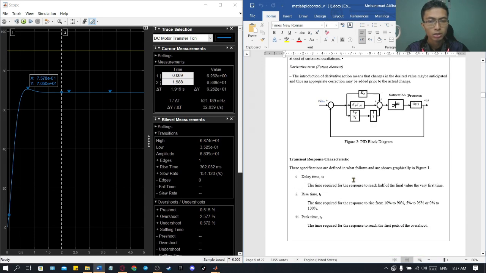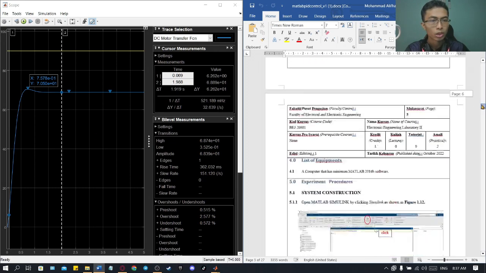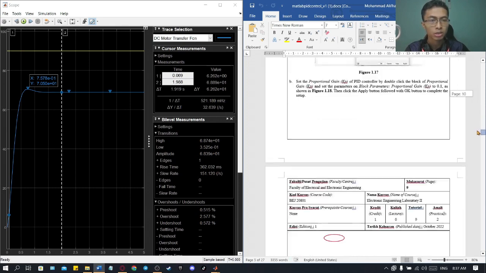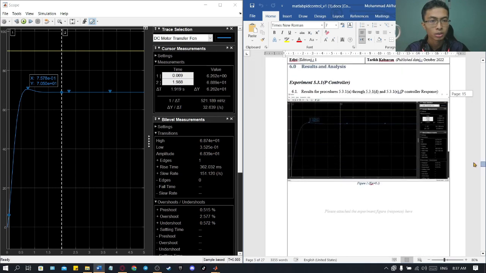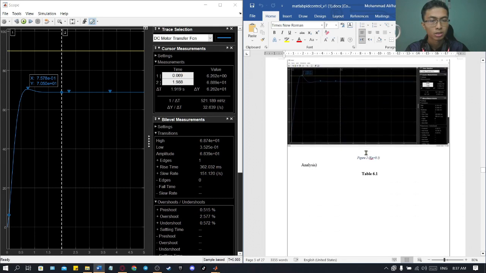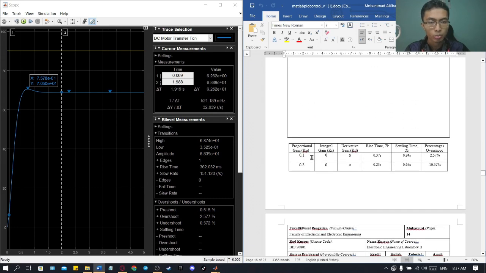From here we can also take the delay time, rise time, peak time, and also settling time. I already did the calculation and submitted the result. As you can see here, for KP 0.1 the rise time is about 0.37 seconds, while the settling time is about 0.84 seconds.